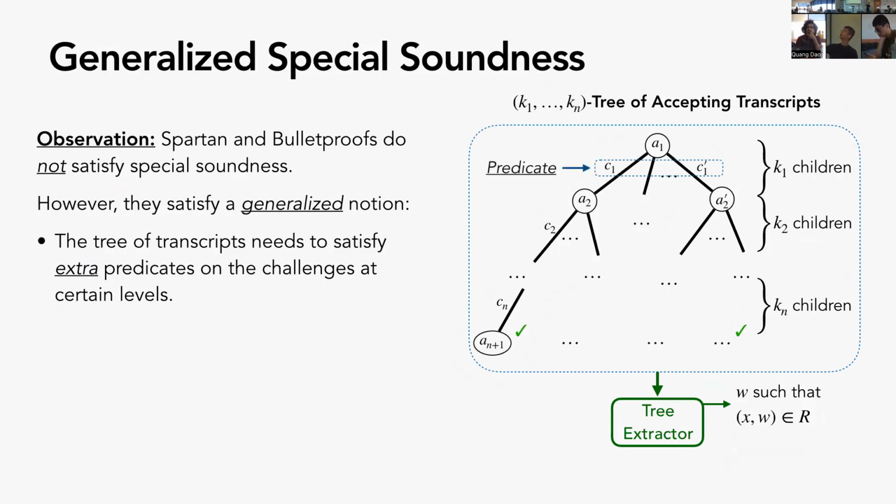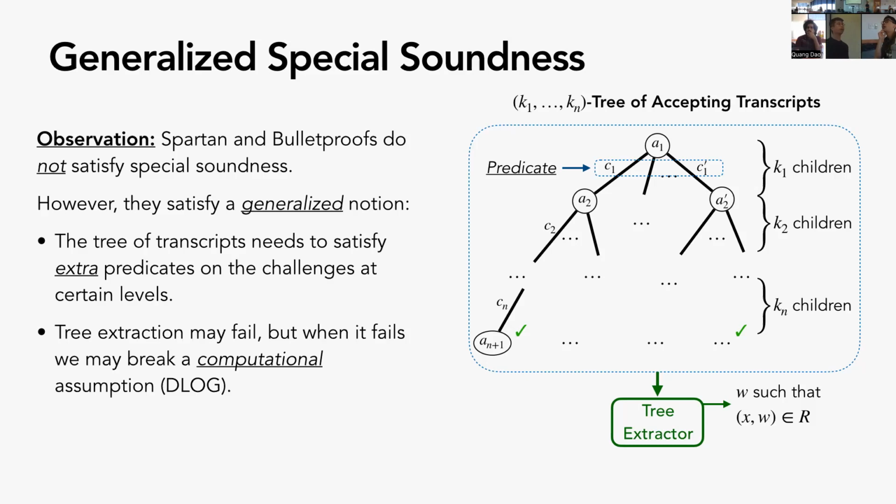So for example, in the first level, we may want the challenges to satisfy some predicates. Secondly, we want this tree extraction process to have some chance of failure, but when it fails, you can break some computational assumptions, such as discrete-log.